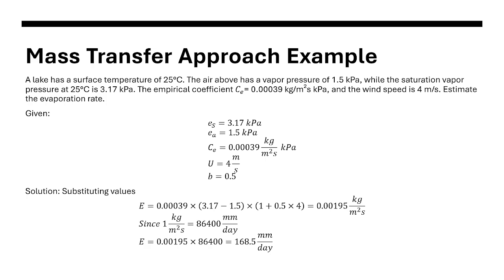So first, we identify the givens. We have ES or saturated vapor pressure 3.17, actual vapor pressure 1.5, evaporation coefficient given. We have the wind speed as 4 meters per second and the coefficient b as 0.05. Okay, so the solution, just substituting the values to our refined formula.